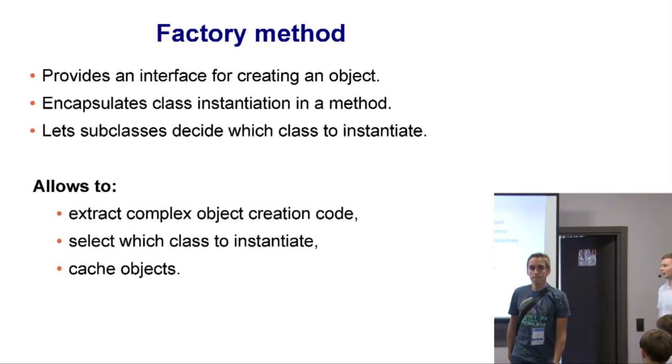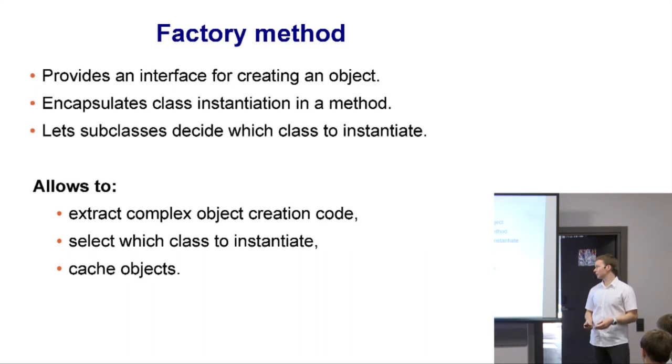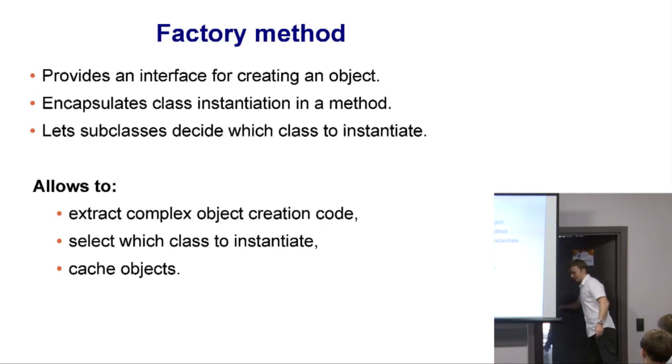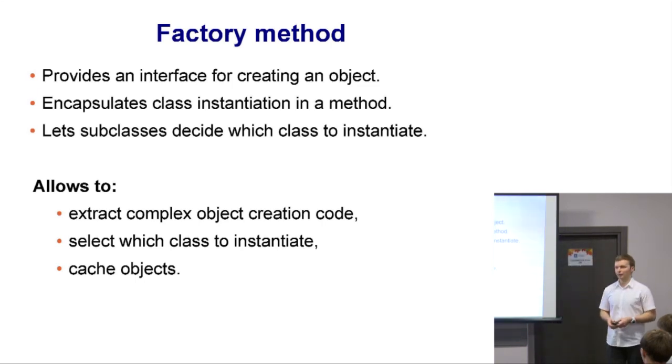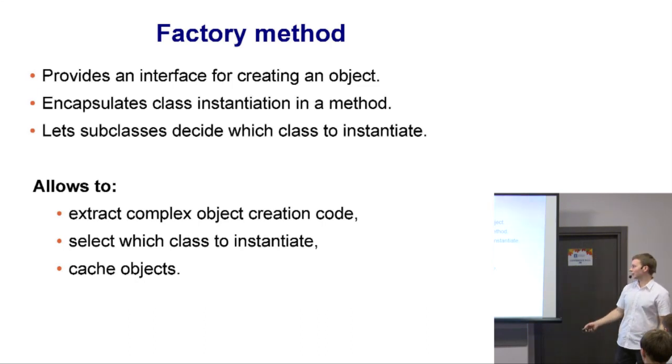The factory method allows us to extract some complex creational code into one place, to select which class to instantiate, and to cache objects that we create. Also, we can use the pattern to control access to some shared resource when such resource is limited.